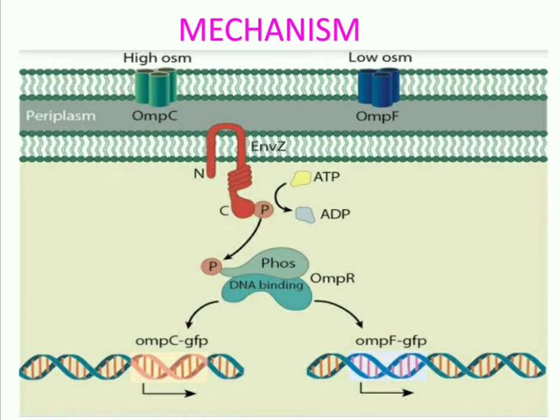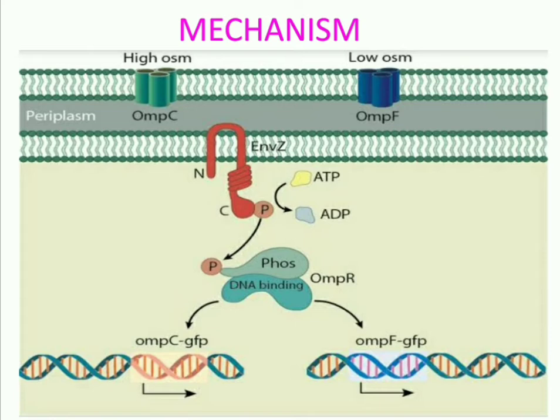This is a histidine kinase and it has an ATP binding site. Here the ATP binds and loses a phosphate by converting into ADP. This free phosphate binds to the response regulator.